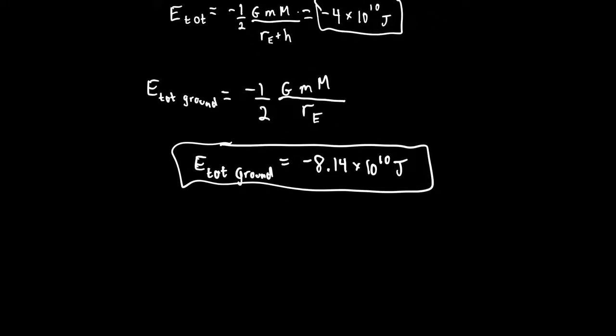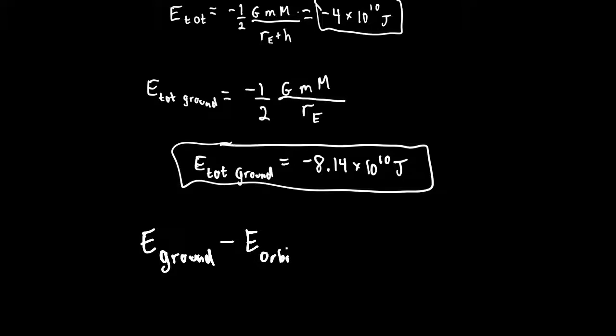How do I find the total energy, or the total energy loss, I think, is the next thing they ask. What is the energy change? Subtract. Which one do I subtract from which one? What's my final energy? Is my final position in orbit or is my final position on the ground? Ground. So I take the energy on the ground minus the energy in orbit.